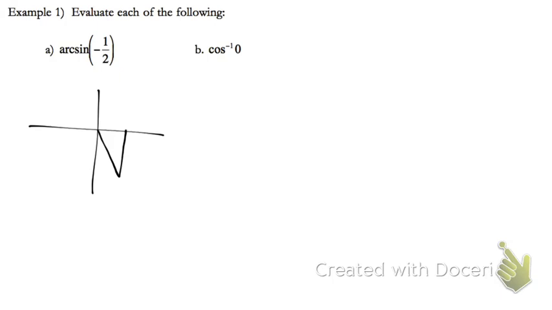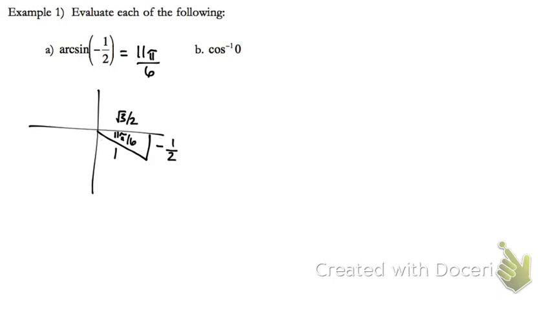And if I want sine, which is my y value, to be 1/2, then I should be looking at this angle right here, where this is negative 1/2, this is radical 3 over 2, and this is 1 from the unit circle. And this angle happens to be my pi over 6 angle, and it's right before 12 pi over 6. So this one is 11 pi over 6. So sine inverse of negative 1/2 is 11 pi over 6.